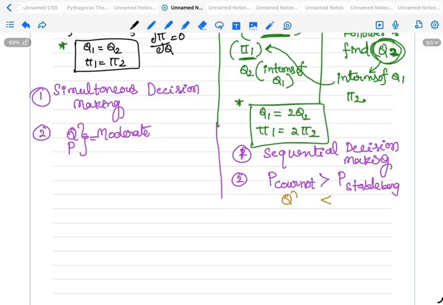So the quantity of Cournot computation is less than the quantity of Stackelberg. Price is always greater, and quantity is less, in Cournot. This side is Cournot, this side is Stackelberg.